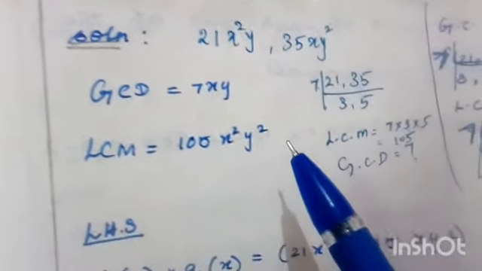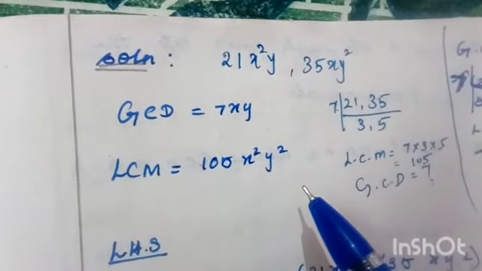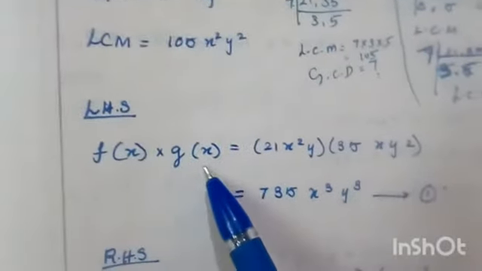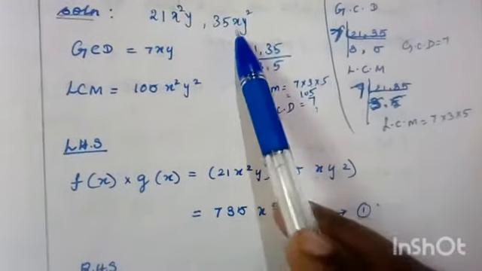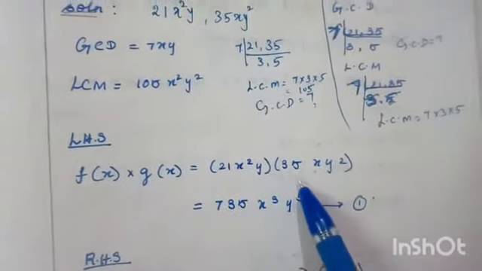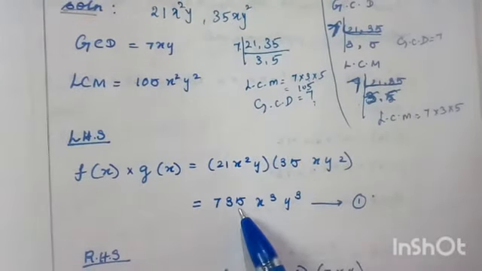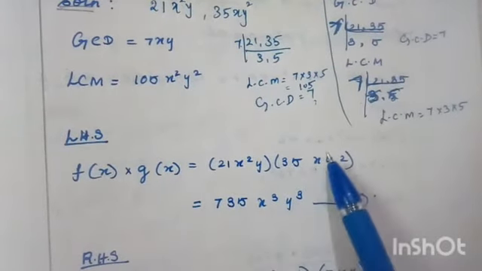Then we want to check f(x) into g(x) is equal to LCM into GCD. First find the LHS, f(x) into g(x). f(x) is 21x square y, g(x) is 35xy square. So 21 into 35 is 735, x square into x is x cube, y into y square is y cube.